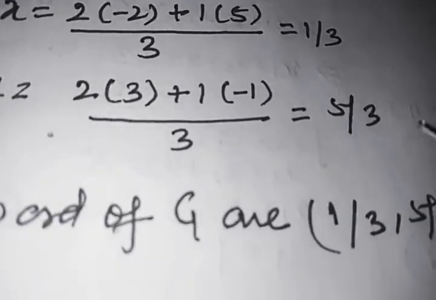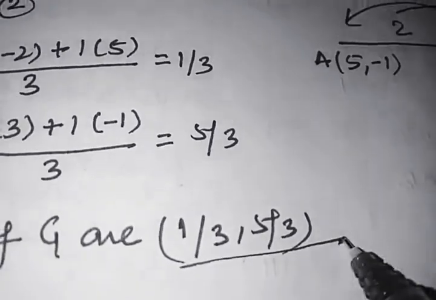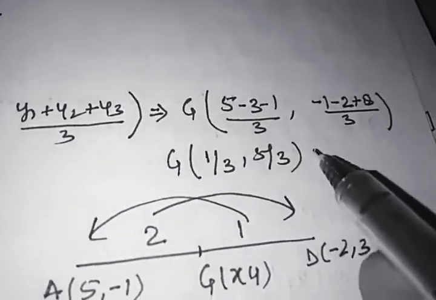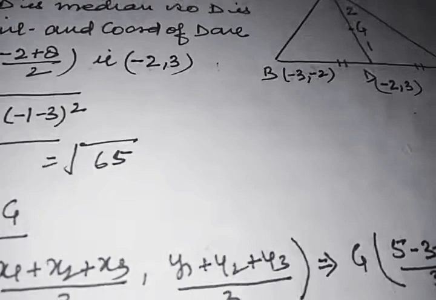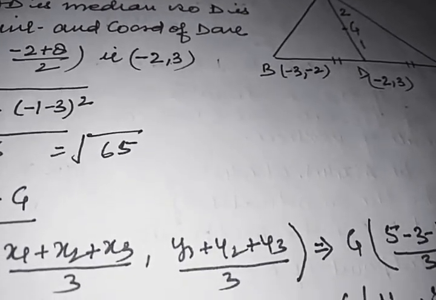Similarly y, this is 5 by 3. Coordinates of G are 1 by 3, 5 by 3, and see, the same answer was here. So you can apply any method to get the answer. So this is all about your coordinate geometry.